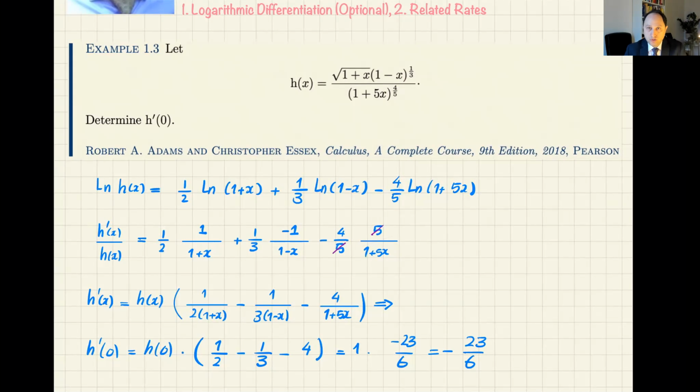Try to use your chain rule knowledge, product rule, and quotient rule to solve this problem, and then you can compare how tedious the other method would be. Okay, but as I told you, this is optional. If you don't want, you can just ignore that. Okay, good.